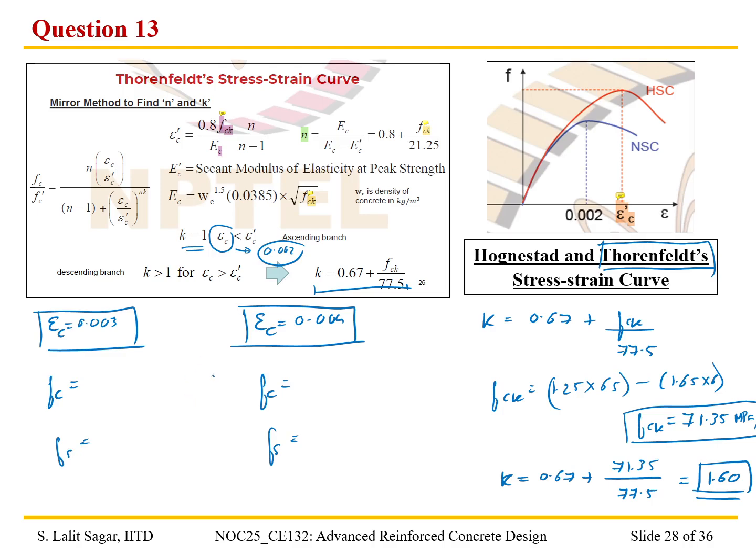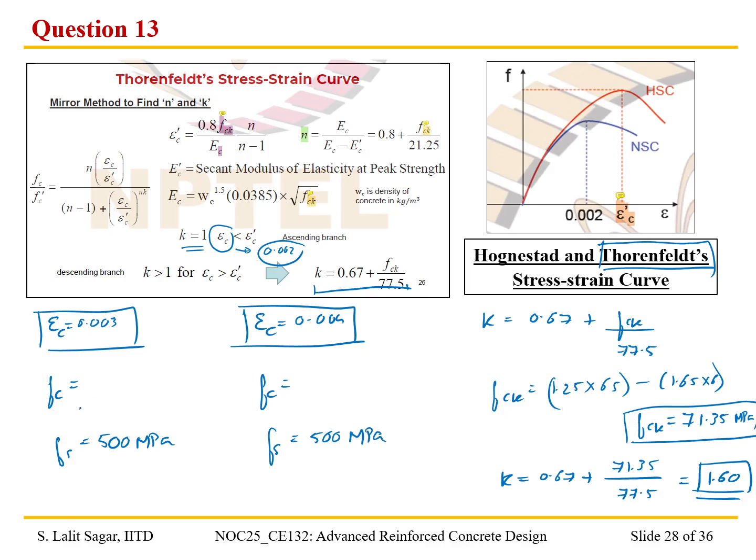And we know that in the bilinear stress strain relation, for any strain beyond 0.0025, the stress in the rebar has plateaued, so we can write it straight away as 500 MPa for both these cases.